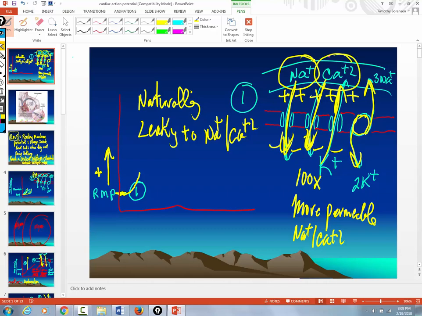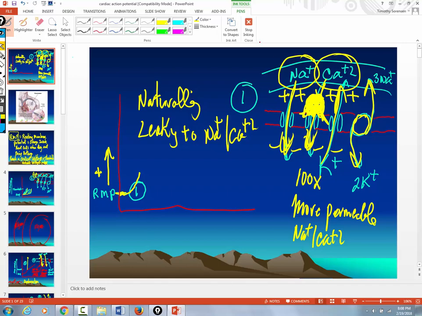What's the most important element in muscular contraction? Calcium. Where does the heart get its calcium from to contract? Okay, so watch. If you give somebody a calcium channel blocker, I'm blocking that calcium channel.